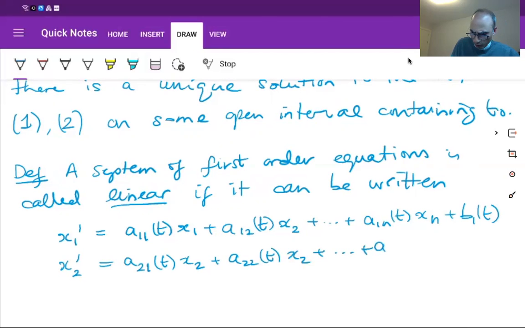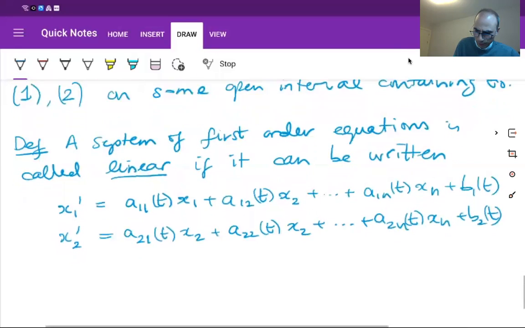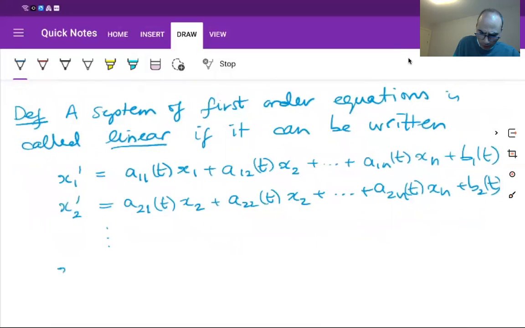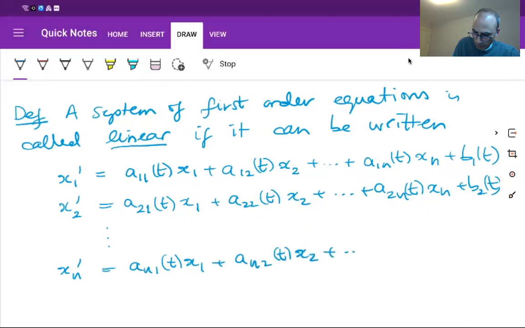This is the same sort of equation with 1 replaced by 2, and so on. So xn prime. There's a typo here. an2(t), ann(t) xn plus bn(t).